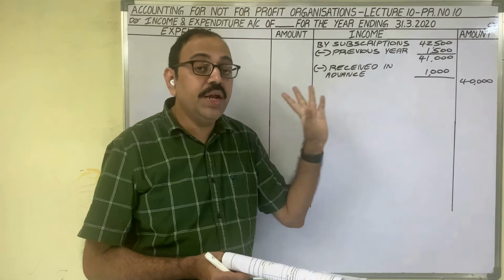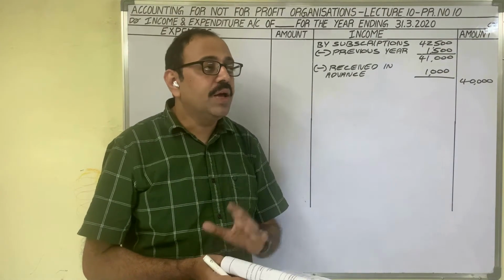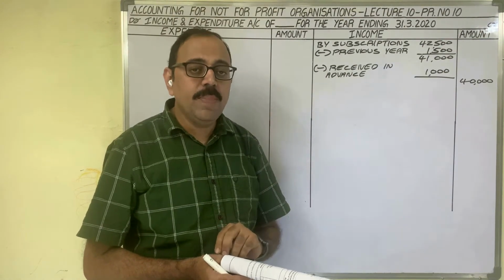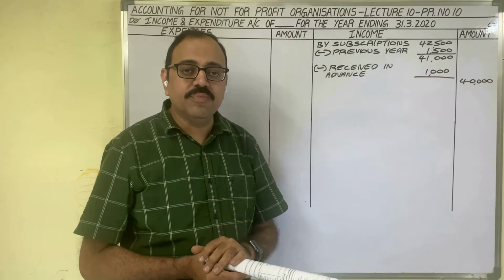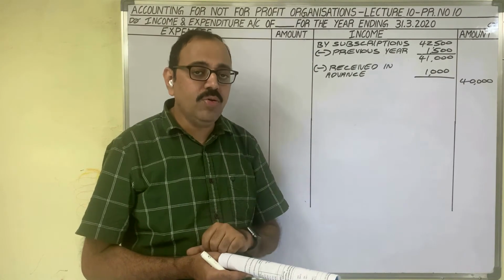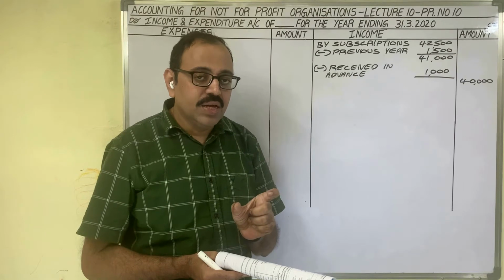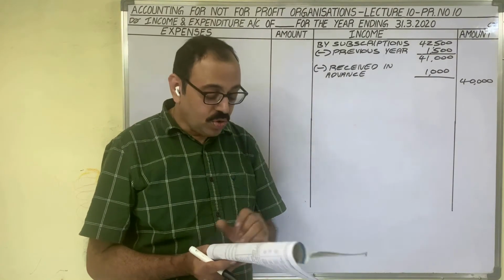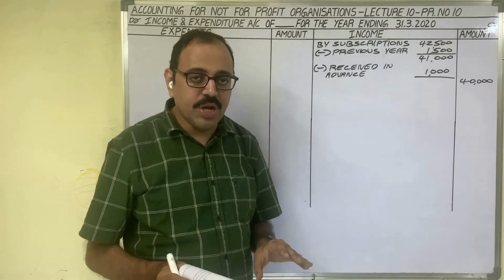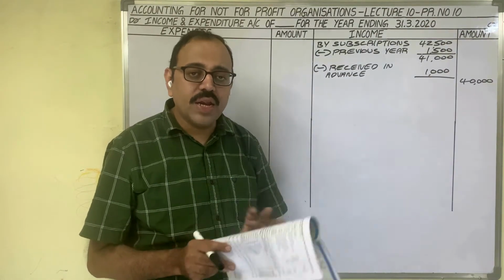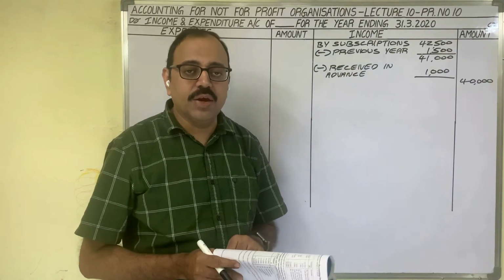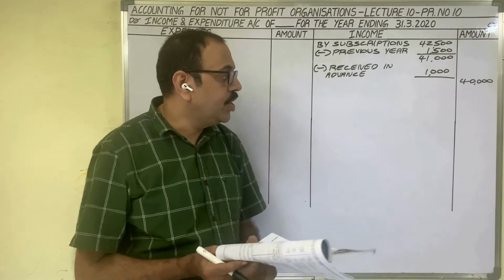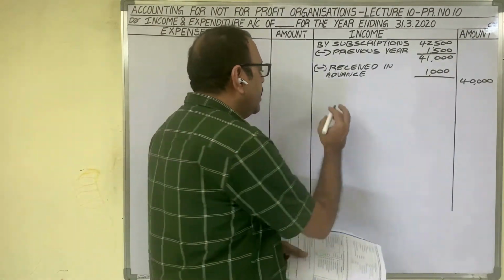So if you get any doubts like this, whether regularly we receive this income or rarely we receive this income, if you get this type of doubts, then apply this technique. If it is a rare income, it should be a liability. So auditorium rent is not a liability. Therefore, it is not rare income. It is regular income, revenue income. We have to show on credit side.